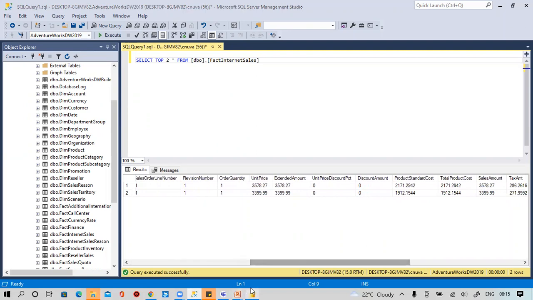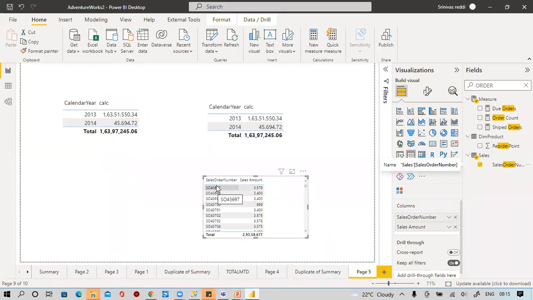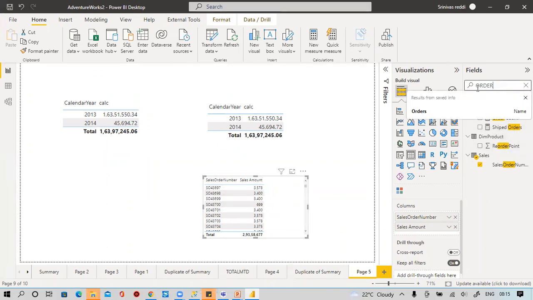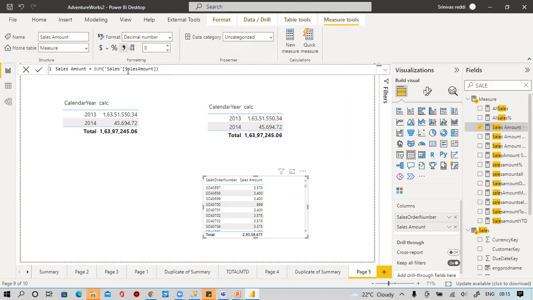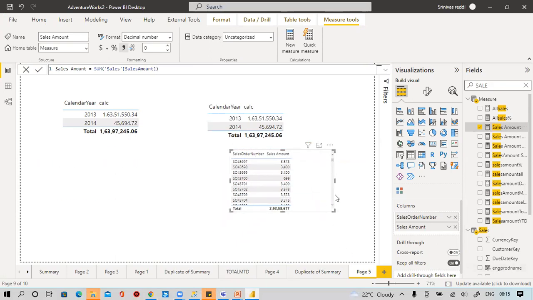So if a dimension is coming from the fact table, even if we create a measure, technically this is called a measure, sales amount. So we are seeing the measure with one dimensional field. Now we can say the sales order number is a degenerate dimension.